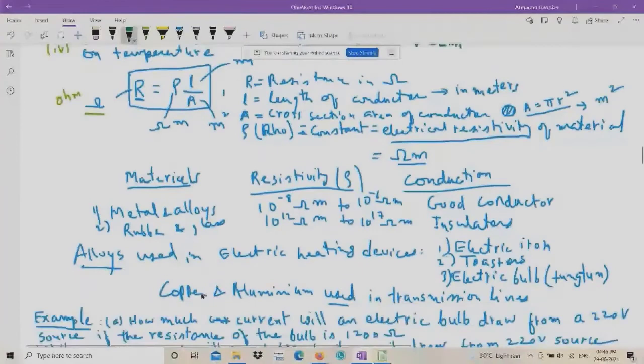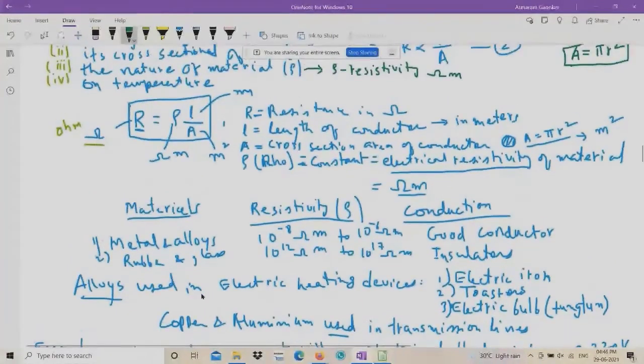And you have to understand this part. Resistivity for metals and alloys is different, and for insulators like rubber and glass is different. Metals and alloys are good conductors, rubber and glass are insulators. For good conductors, resistivity ranges from 10 raised to minus 8 ohm meter to 10 raised to minus 6 ohm meter.